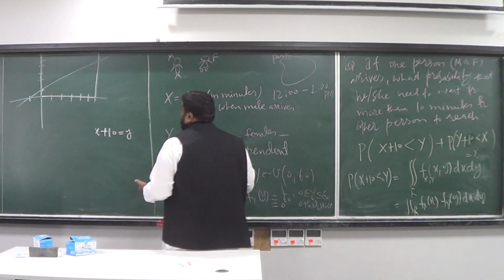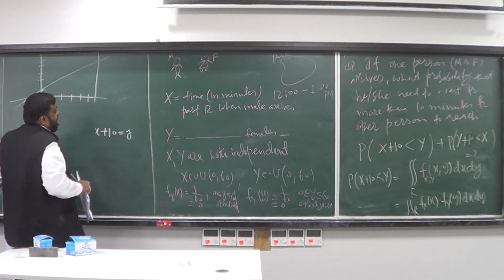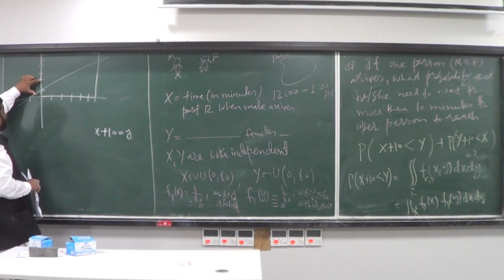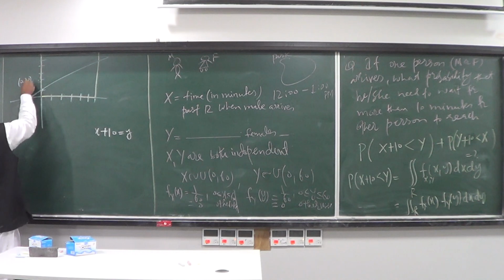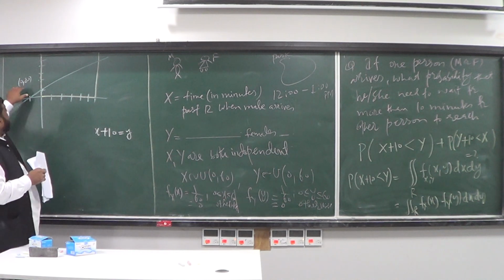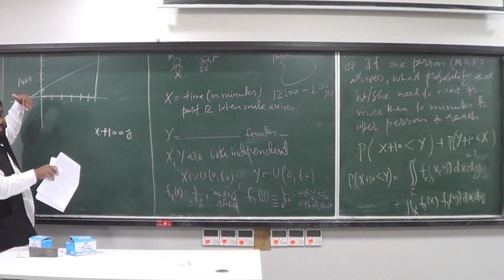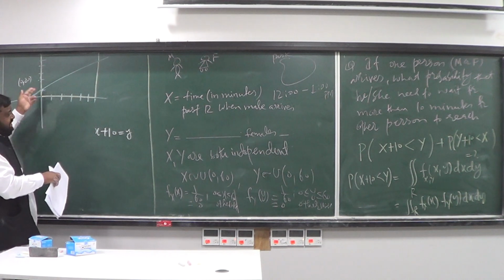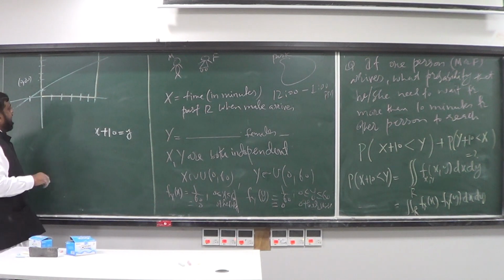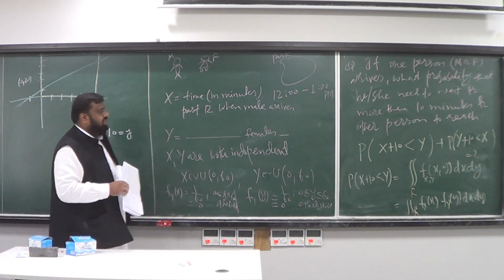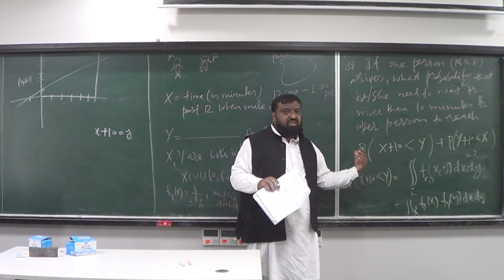Now we want the inequality x plus 10 less than y. So the question is, which part of this given region satisfies this inequality? For example, if I take 0, 20, does it satisfy this? If I substitute x equal to 0 and y equal to 20, the inequality is satisfied. But if you take the point 10, 0, then 20 is less than 0, which does not make sense.